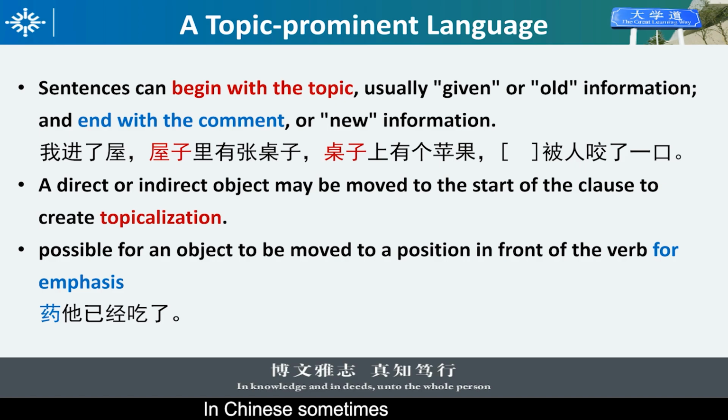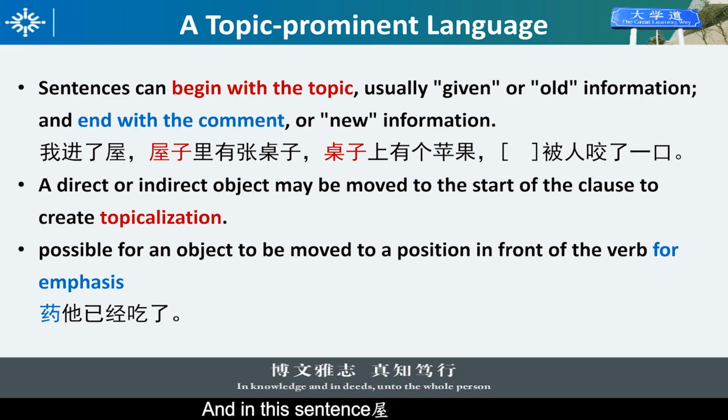In Chinese, sometimes there is topic prominence. That means the sentence can begin with a topic, usually given or old information mentioned before, and end with the comments or new information. Look at this sentence: 我进了屋，屋子里有张桌子，桌子上有个苹果，被人咬了一口。Here's a series of subsentences, or clauses, right? The first information provided is 我进了屋.